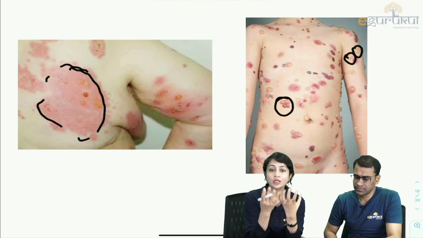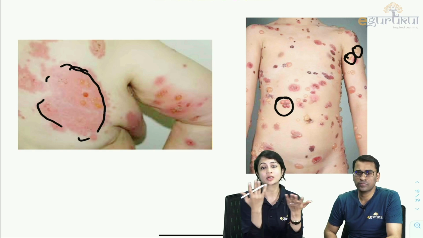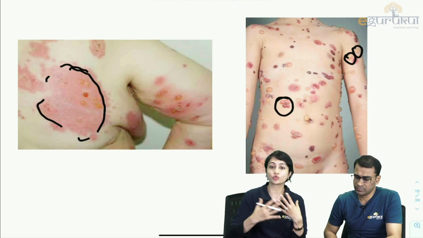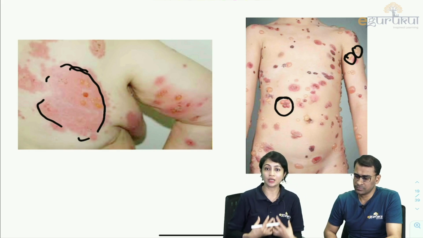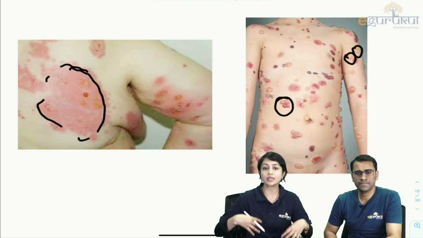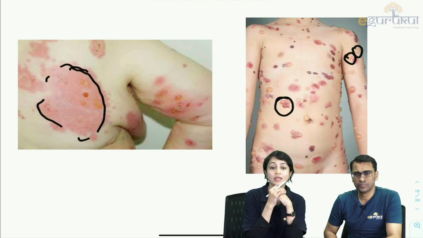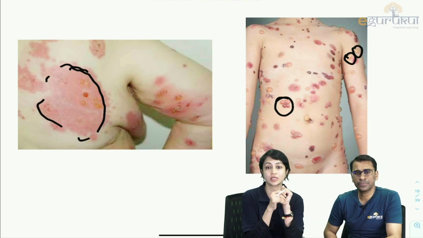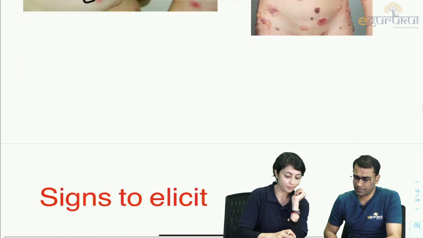When they rupture, since the fluid is hemorrhagic, the crusting would also be hemorrhagic crust. And look at the distribution. It's on the trunk mainly: the abdomen, thighs, upper trunk. These are the common sites that I see involved in bullous pemphigoid. And this is the prodromal stage where I'm seeing urticarial erythematous lesions.